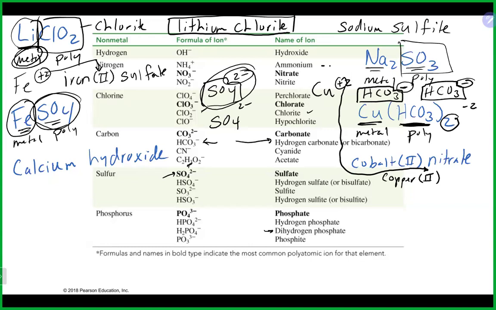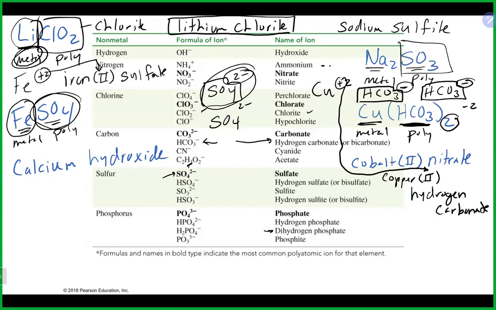It's your choice, whichever way you want to go. I'll go with hydrogen carbonate underneath since I'm running out of room. But it could also be called copper 2 bicarbonate if you want to use that name as well. And again, that's because hydrogen carbonate or hydrogen sulfate can be bisulfate or bicarbonate. They're very commonly still used. Any questions on those names there?